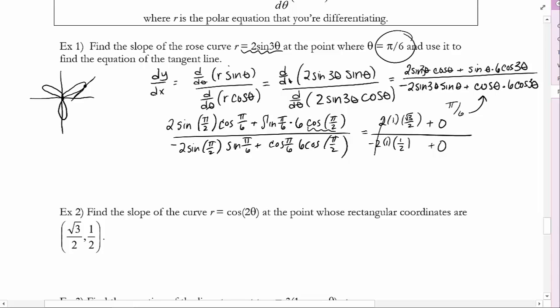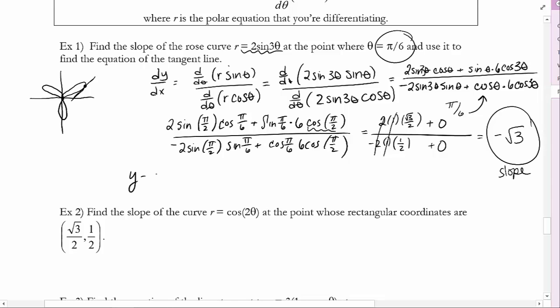So basically, these cancel, those cancel. Root 3 over 2 divided by a half is just root 3, and there's a negative. So all that work just to get a slope of radical 3, and then we're supposed to use that slope to find the equation of the tangent line.